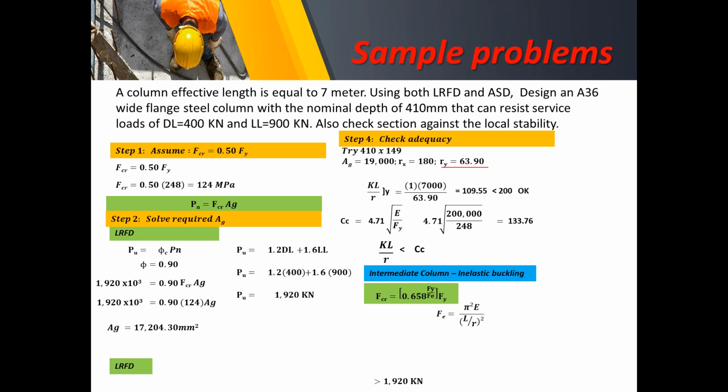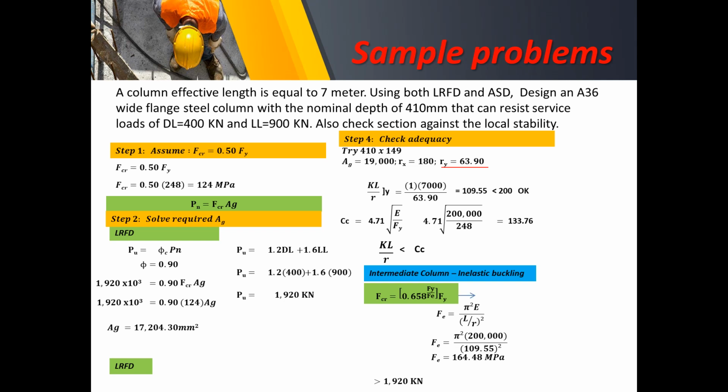Prior to that, we need to compute the Euler's buckling stress. So we just substitute the calculated slenderness ratio and the modulus of elasticity given as 200,000. Therefore, the Euler's buckling stress is equal to 164.48 megapascals.